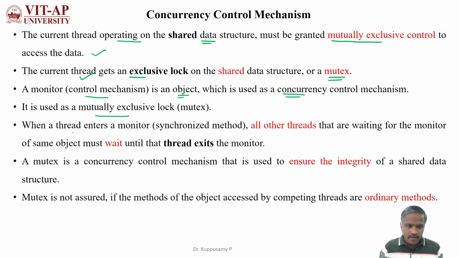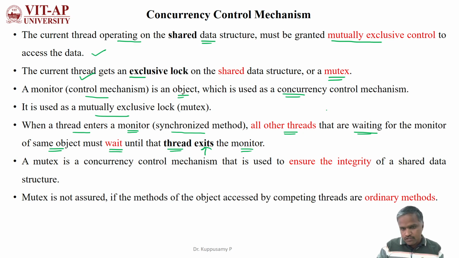When a thread enters a synchronized method or synchronized block, that is called the monitoring mechanism, all other threads waiting for the monitor, which use the same object, should wait until the currently running thread exits from that monitor.